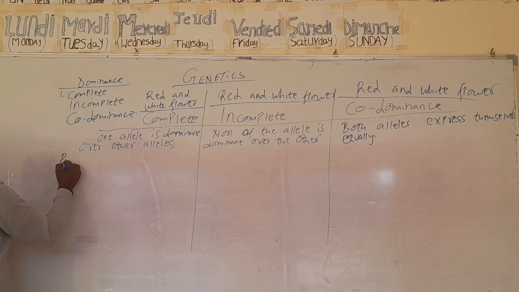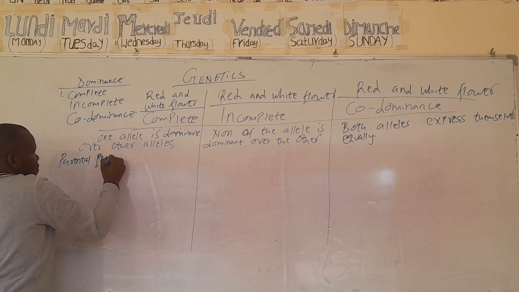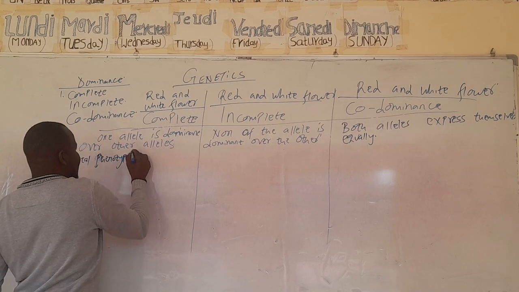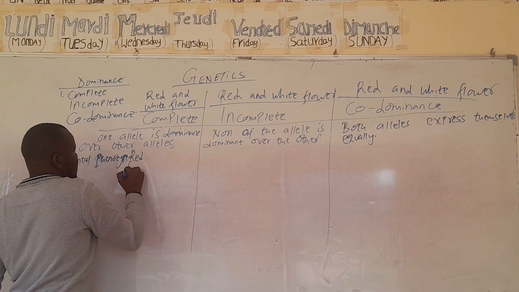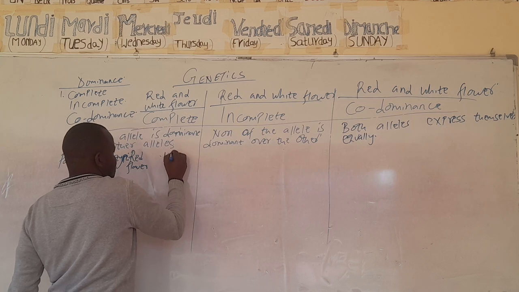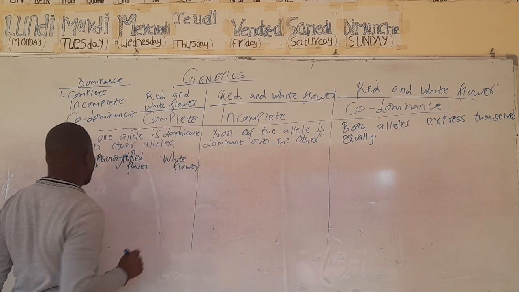So you have the parental phenotype, which is a red flower and a white flower. That is number one.